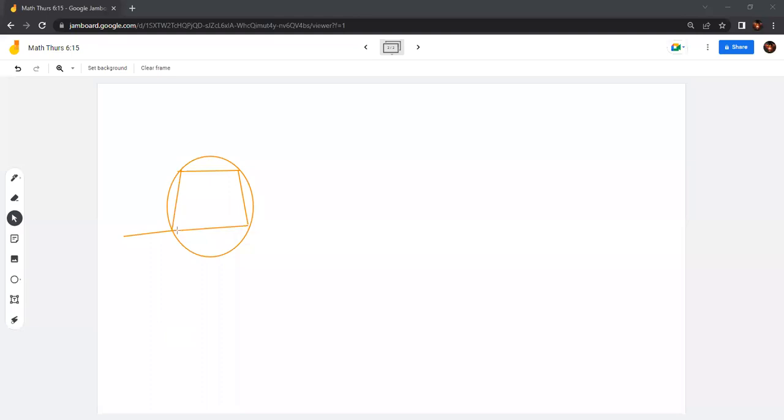All right, so let's say they gave us one like this one. And they told us that this is parallel to this line. Here is 112 degrees.